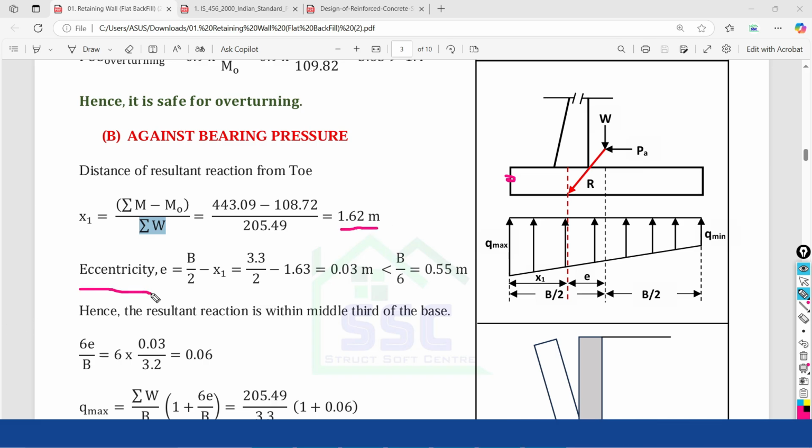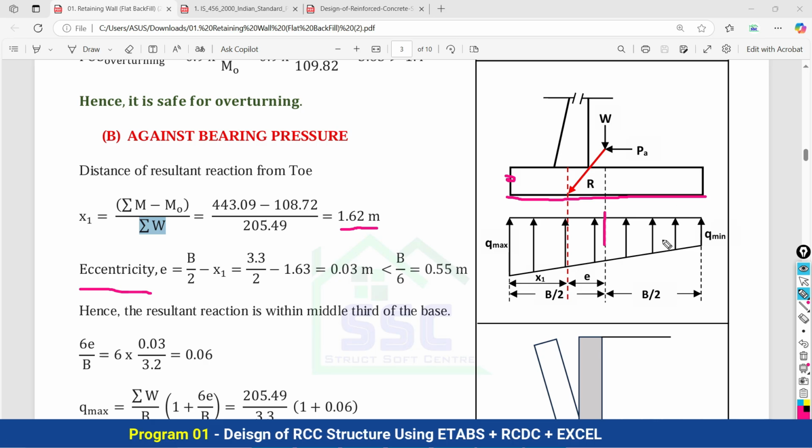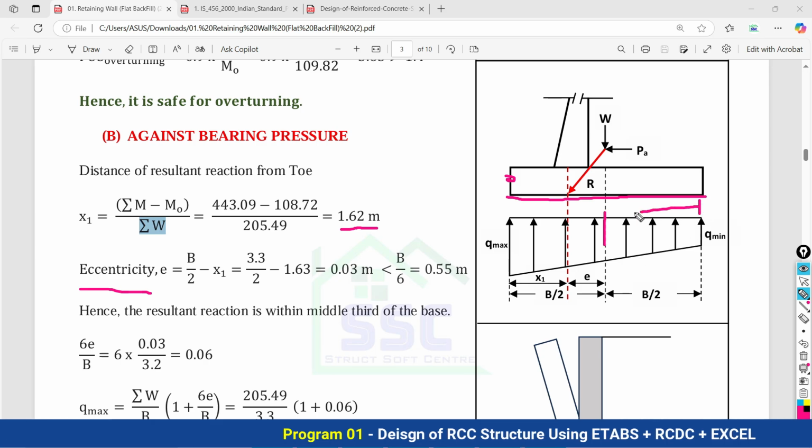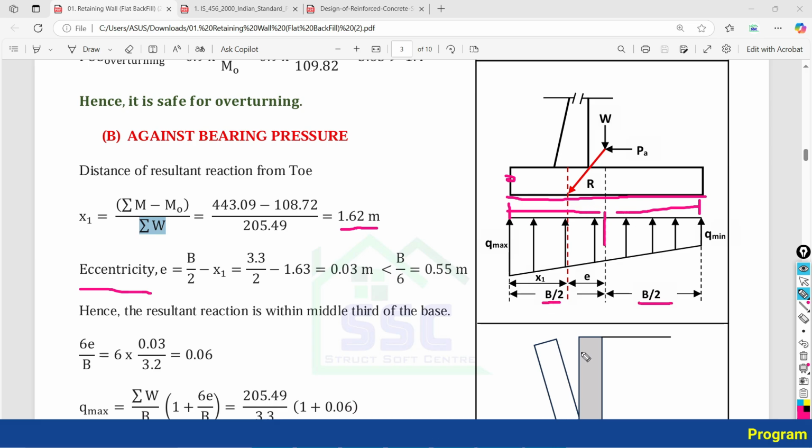Now we have to find out the eccentricity. We find the center point of this base, and the center point of the base will obviously be half of the width of the base. So the total width of the base, half of that, is b by 2.